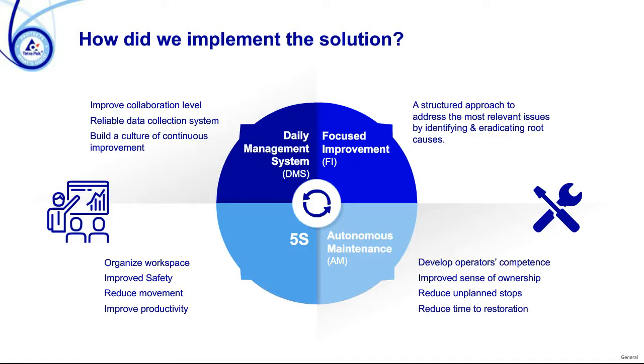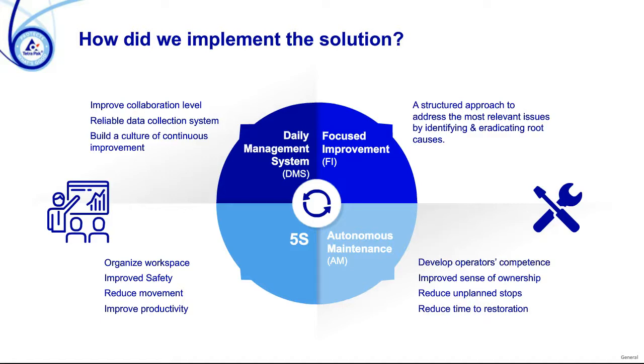However, by implementing the 5S at the customer side, and they really needed it, we succeeded to improve safety, reduce movement, and improve productivity after all. So that was the solution that we implemented at the customer side and the details about it.